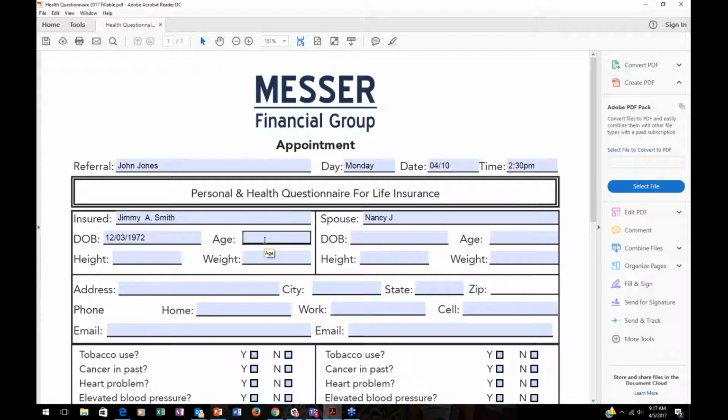So in this case, I am going to calculate for myself. This is a December birth, so we're still not outside that 6-month window. So this client truly is 44.